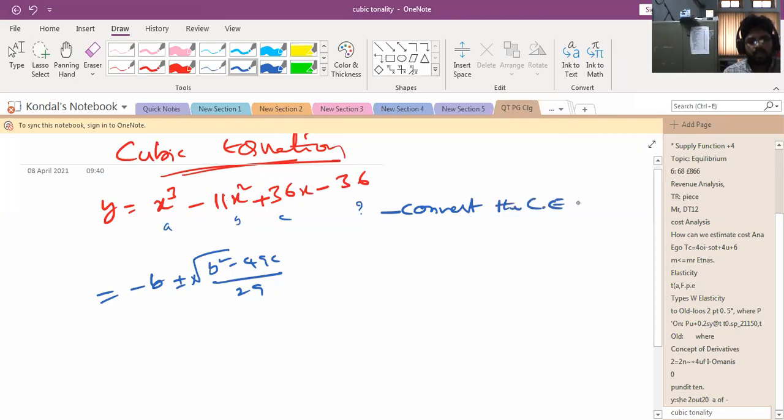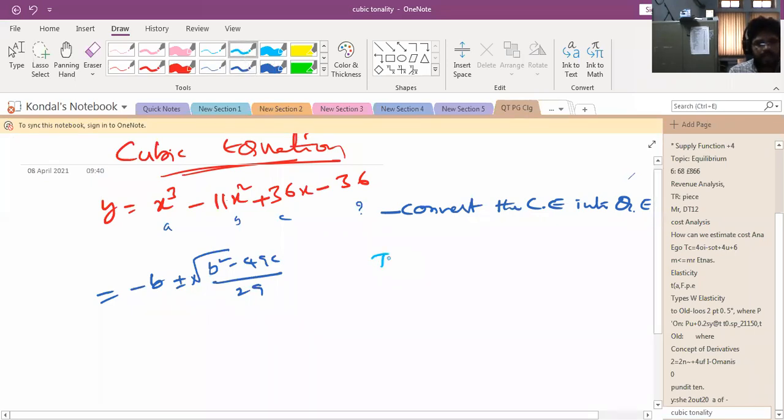When we get the quadratic equation, we'll get the a, b and c values. When converting the equation to a quadratic equation, we cannot get an extra value. In order to convert the cubic equation to the quadratic equation, we need to go with the trial and error method.